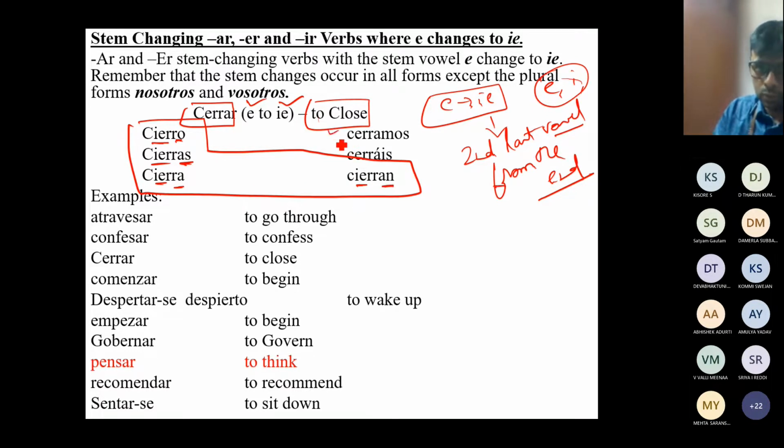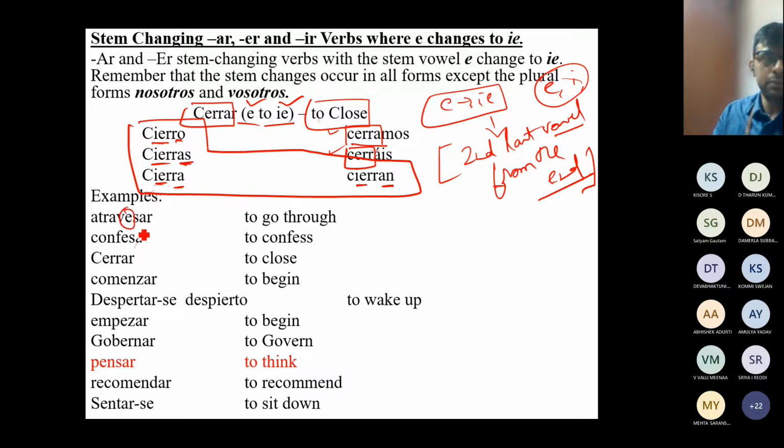The nosotros and vosotros, there is no change in the stem part, so it will be cerramos and cerráis. So E has changed to IE. The examples which are given here, as I told you, in the stem part you could find more than one vowel. So what you have to follow, the second last vowel from the end will change. I mean in the stem part.